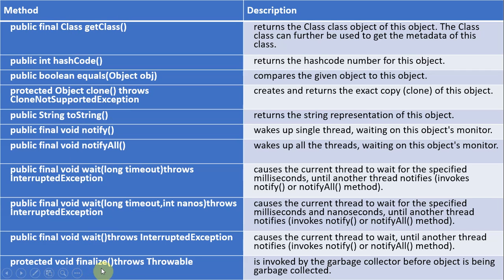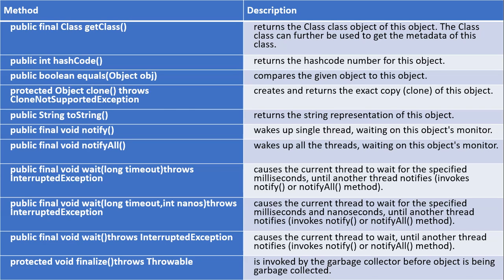Finalize is the method. We already discussed this finalize method at the time of garbage collection. The finalize method is used for closing, or is called, whenever we want to close every resource related to the object. So if you want to deallocate the memory for the object, this method can be called.